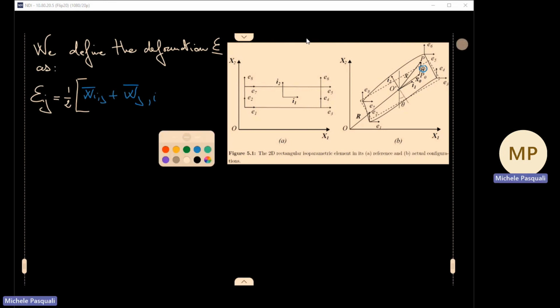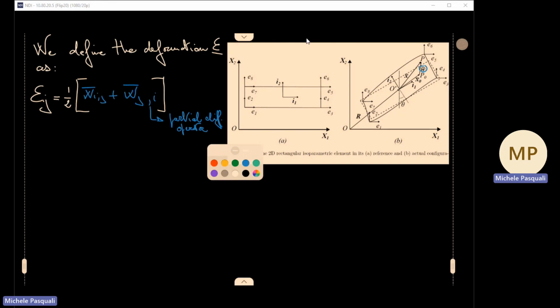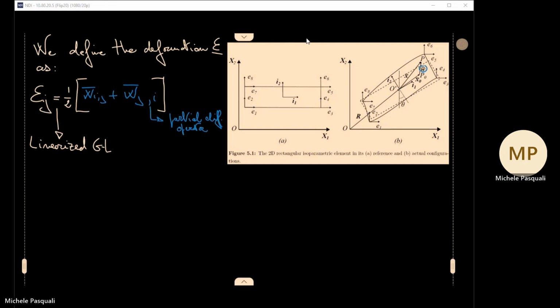Okay? And this is basically the linearized Green-Lagrange deformation tensor.